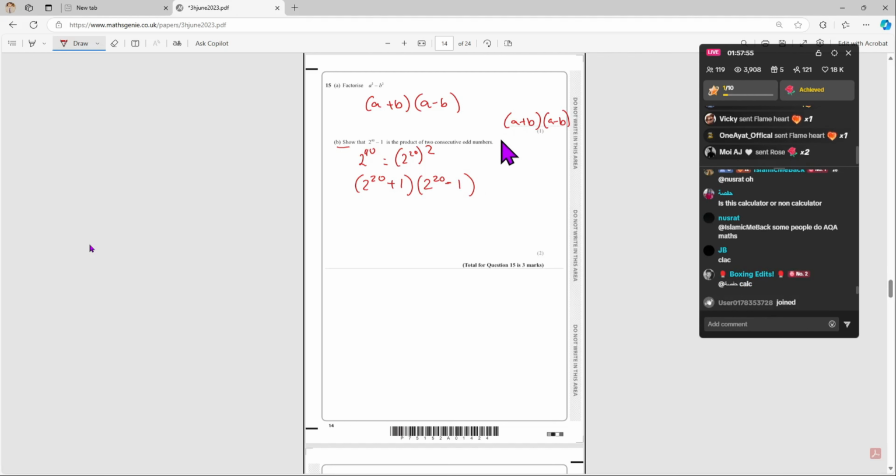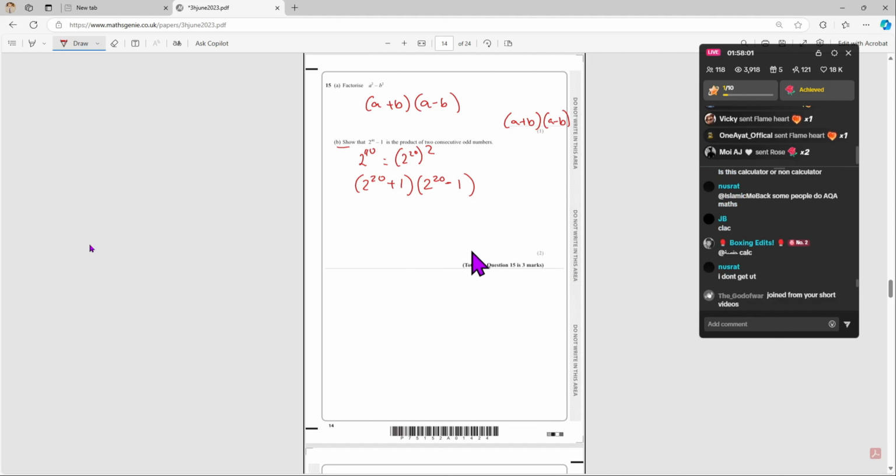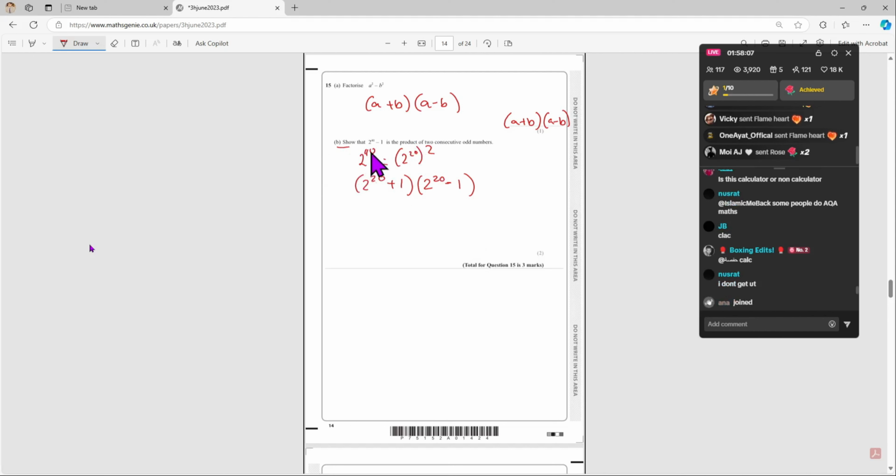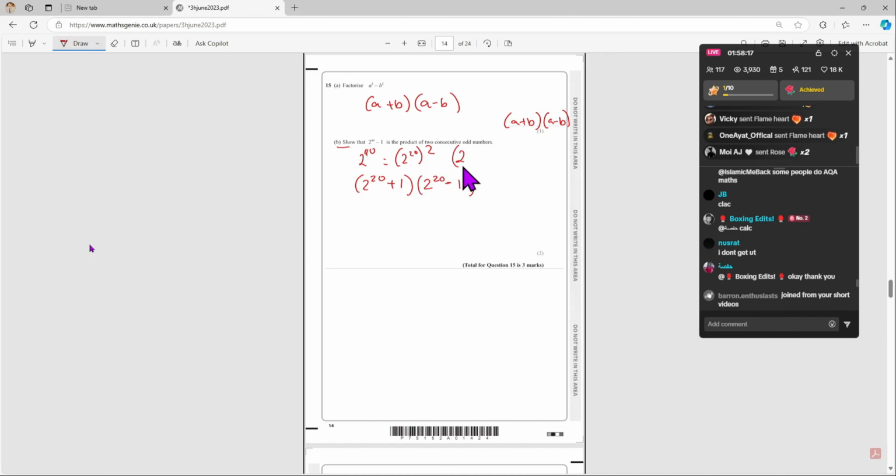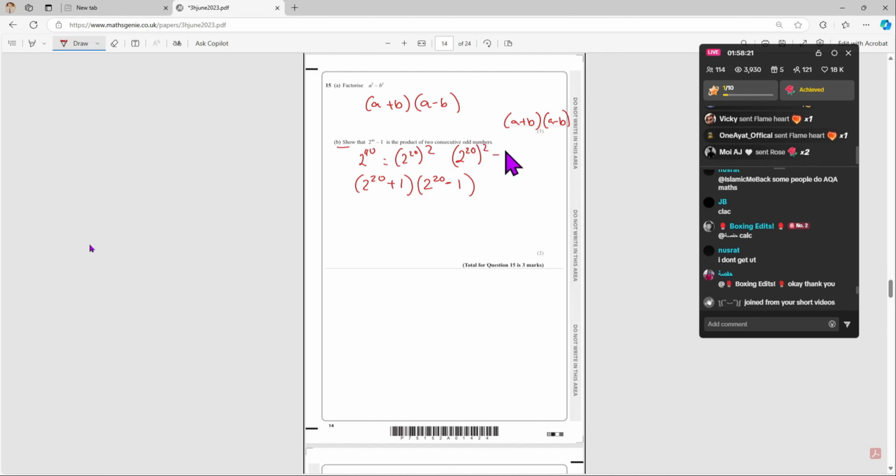We simplify 2 to the power of 40 so we can have a power of 2 outside of our 20. We did that on purpose. So now we're ending up with 2 to the power of 20, all squared, minus 1.